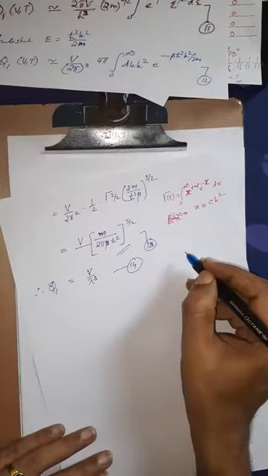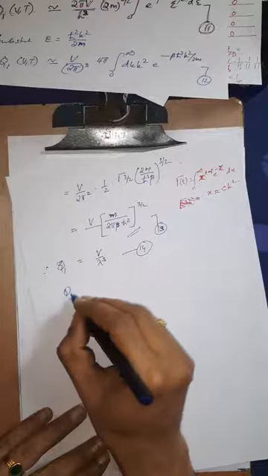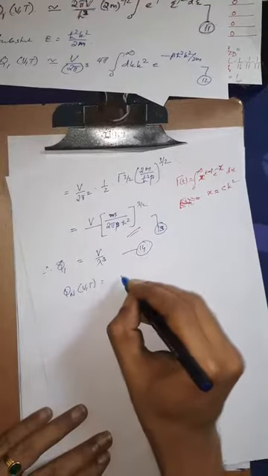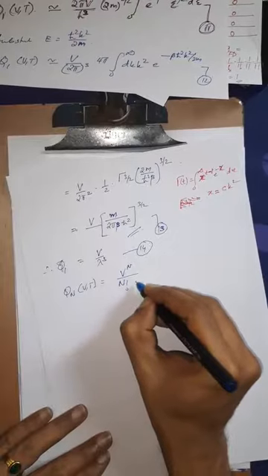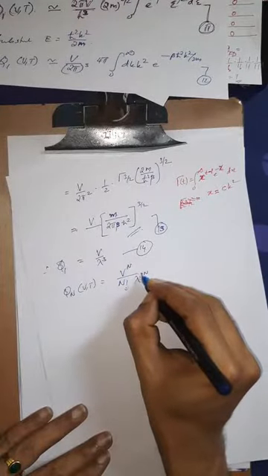Therefore Q1 Vt is equal to V by lambda cube, and Q Vt is equal to V raised to N by N factorial lambda raised to 3N.